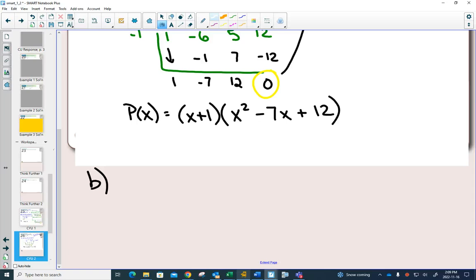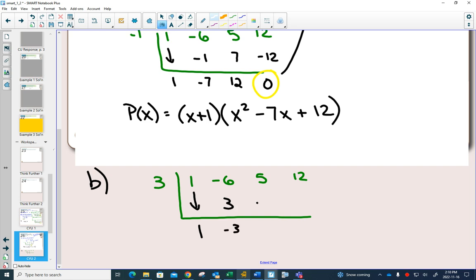Part B says divide by x minus 3. Now that 3 is bigger than 1. This makes the most sense to do your synthetic division. X minus 3 would be a plus 3 out here. We'd have 1, -6, 5, and 12. Bring down the 1. Multiply 3, add, multiply -9, add, multiply -12, 0.